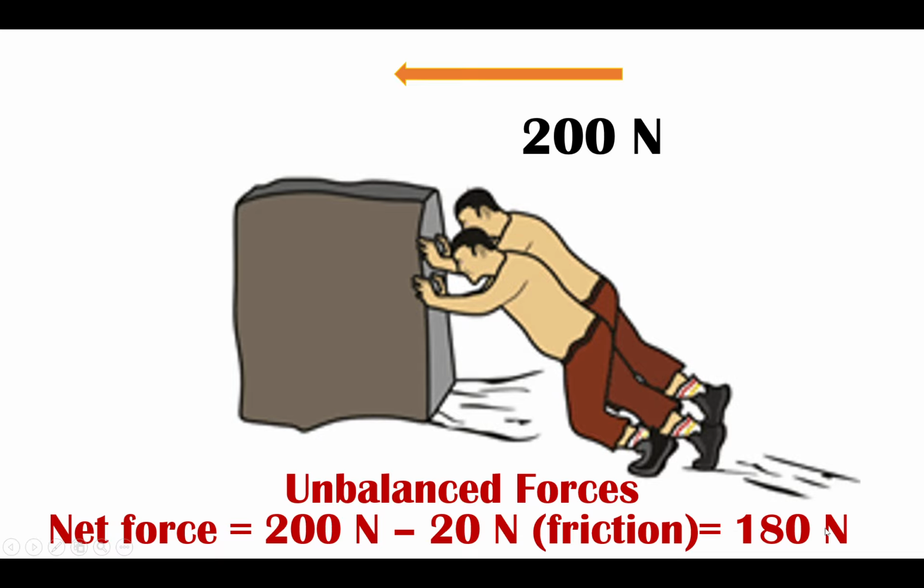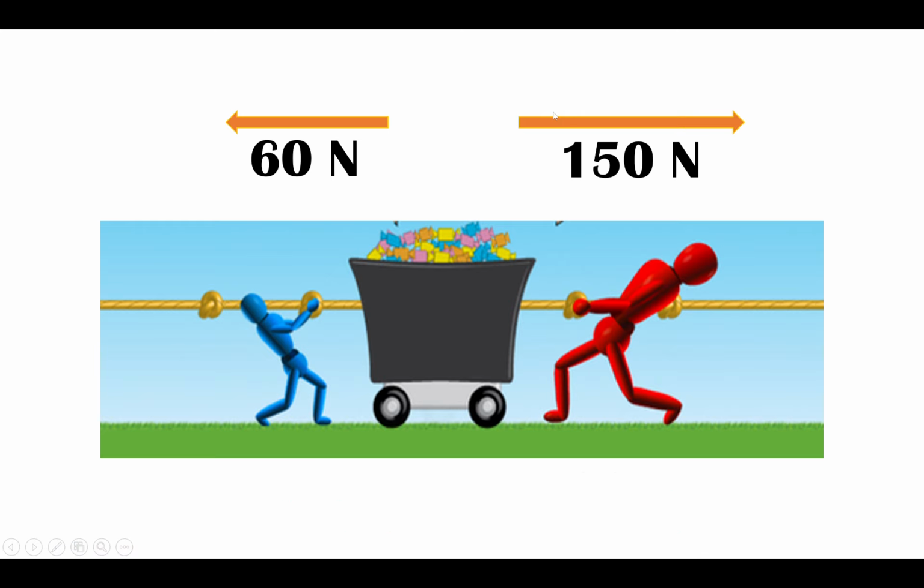That's the reason why it would be expected that this heavy thing these two men are pushing would move towards the direction where the greater force is situated, and that is towards the left side. So, I hope this is clear to everyone.